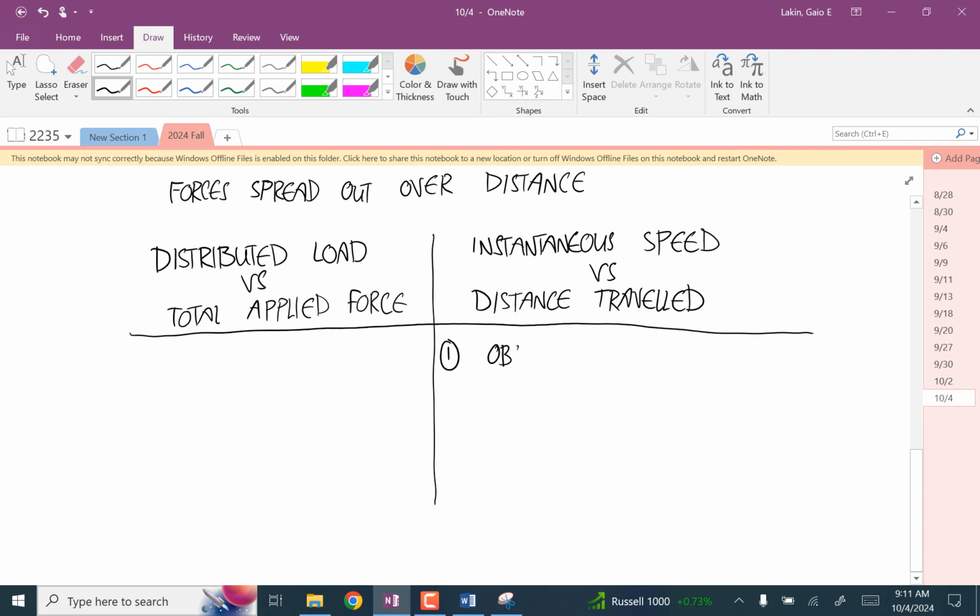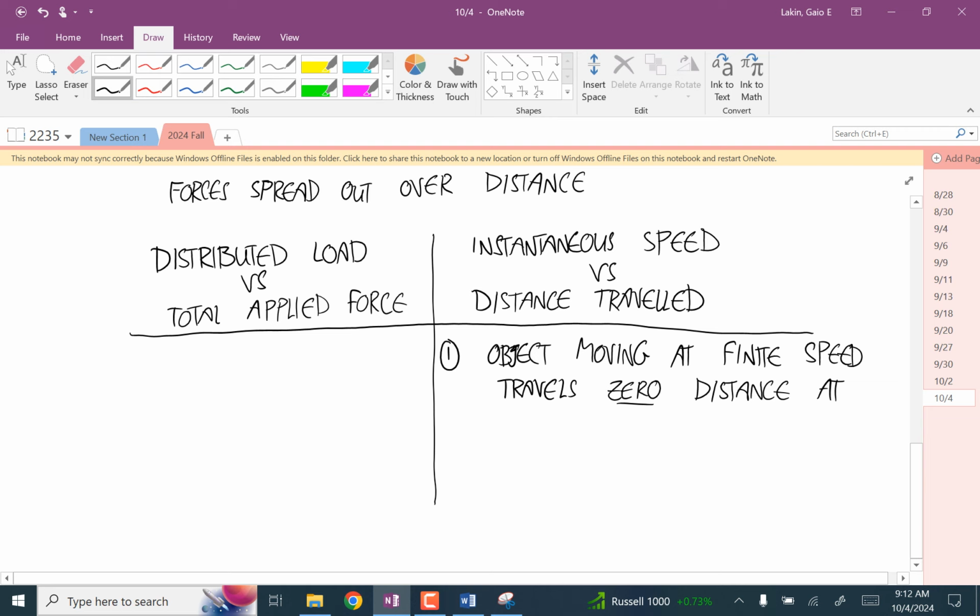So an object moving at a finite speed travels zero distance at any instant.